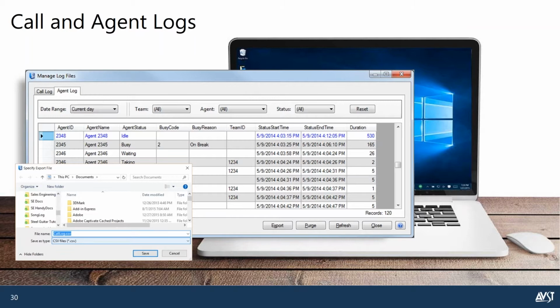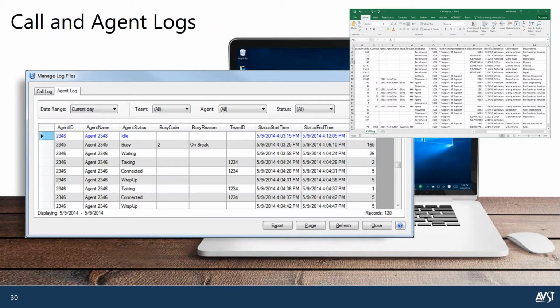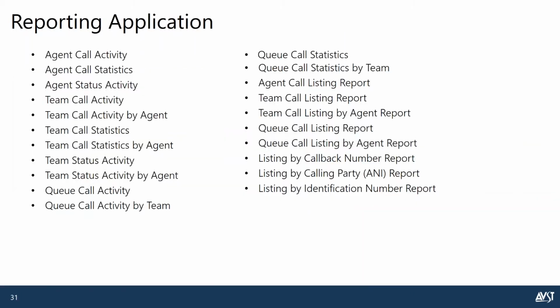And then once it's in a CSV file, they can sort it and get various information out of it. Now this is not the reporting, this is the real-time logs, but it also has a full reporting package. So the reporting package basically has these reports. All these reports, by the way, are built.